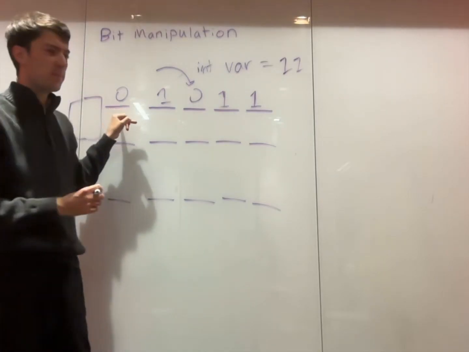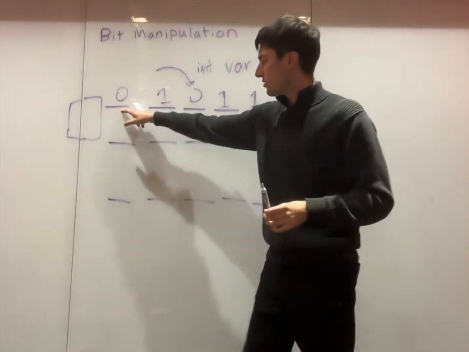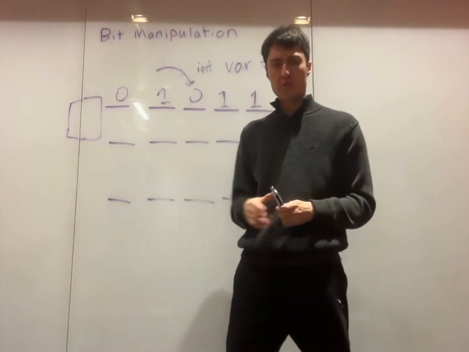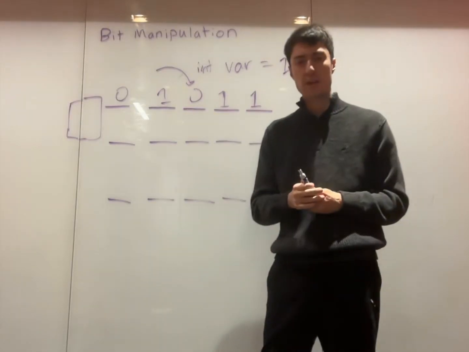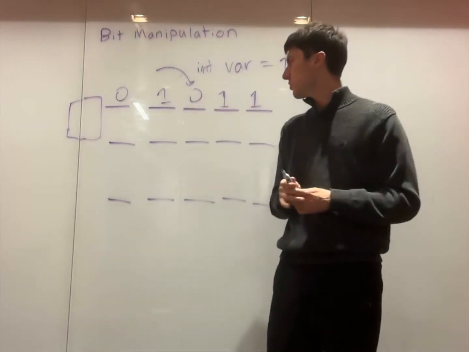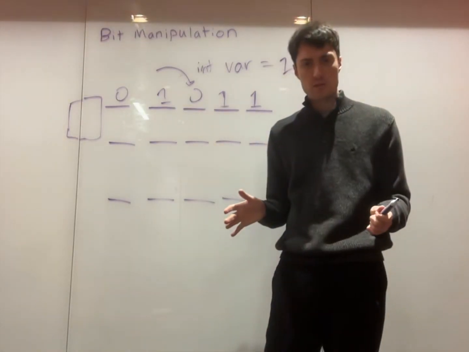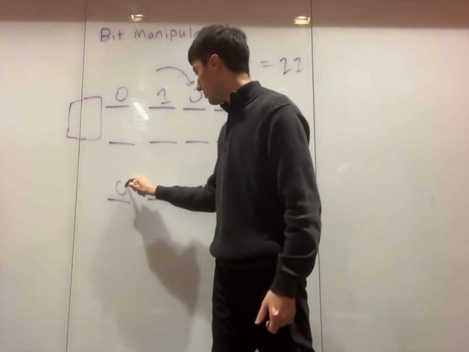Well, I want it to be the same thing that it originally was. I want this 0 to carry through because I only want to change this particular place. So I want everything else to remain constant. Does that make sense? So I want this to be a 0.